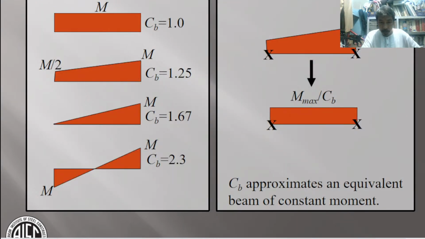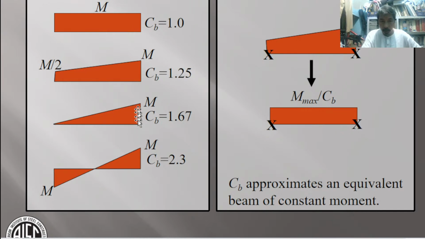Next, flexural strength again. We have the moment diagram, moment divided by moment, so this is 1/2. Going up, CB is 1.25.